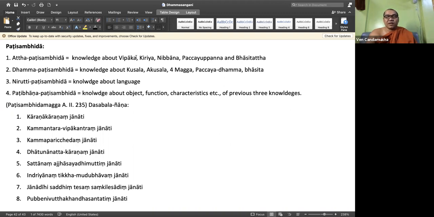Nirutti Patisambhida: Nirutti means utterance, so it is a kind of language. But in the Netti, Sayadaw explained that here Nirutti refers to the Magadha language, because the Magadha language is said to be the oldest language.